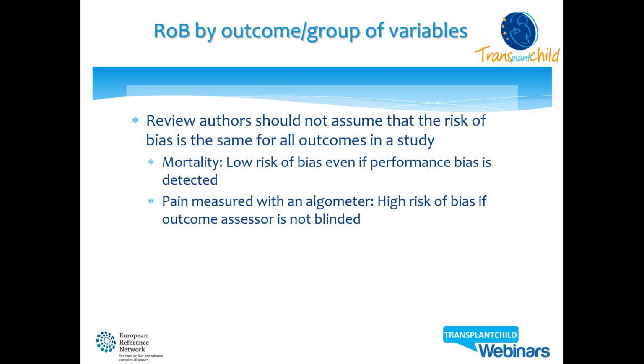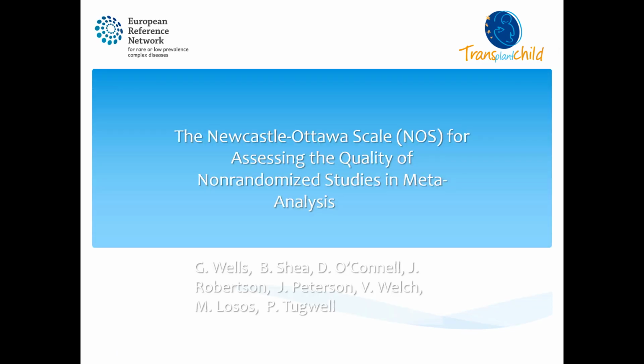For example, if we are talking about mortality, there is a low risk of bias even if performance bias is detected. I mean, if we have no randomized people can affect, but the blinding is not affecting the results. And also, if pain is measured with an algometer, there is a high risk of bias if the outcome assessor is not blinded, because there is a kind of subjectiveness in this measure.